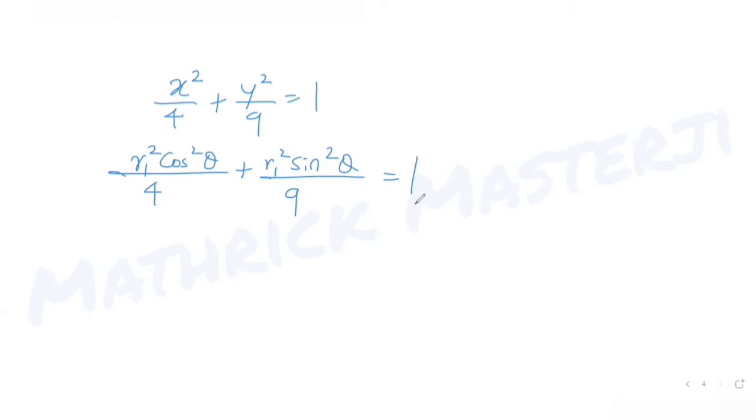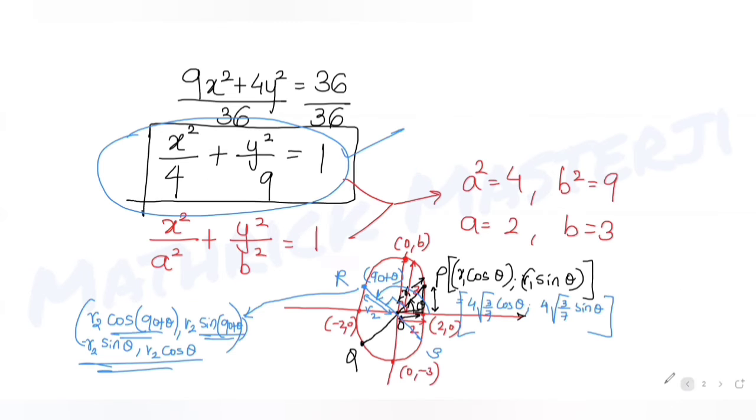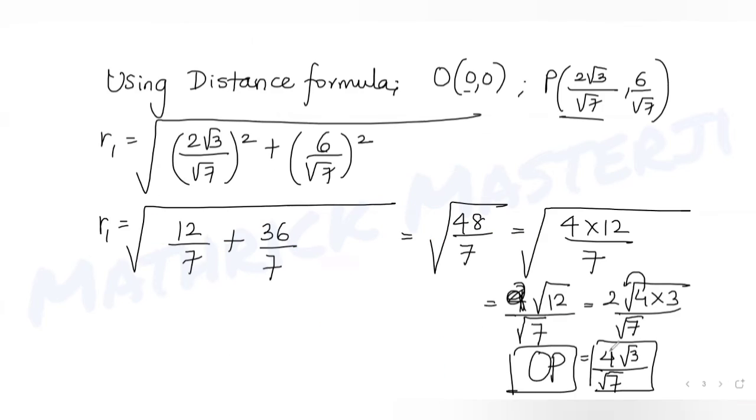So further I get R1 square common: cos square theta over 4 plus sin square theta over 9 equals 1. So from here I get cos square theta over 4 plus sin square theta over 9 is equal to 1 over R1 square. And R1 we know is this.